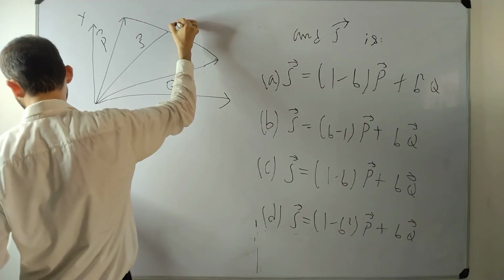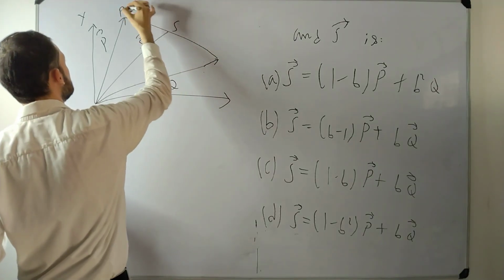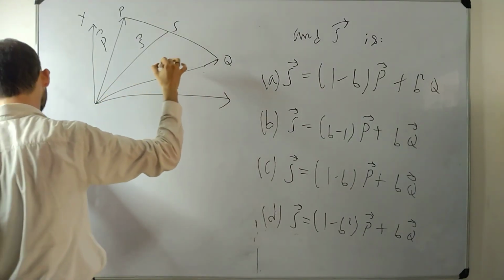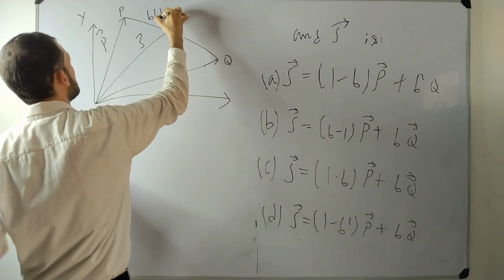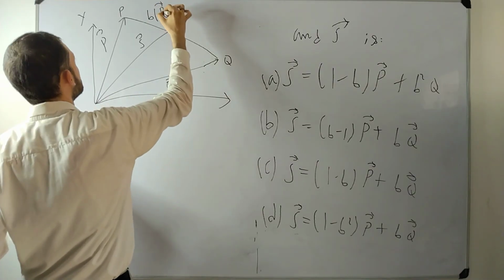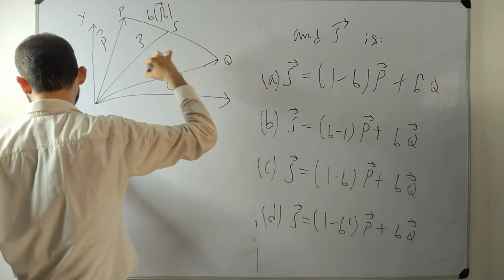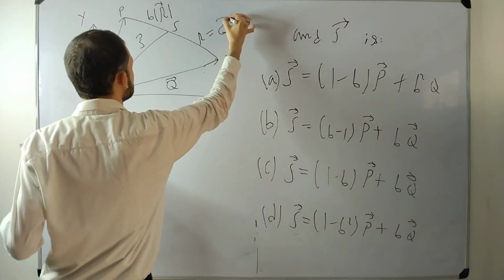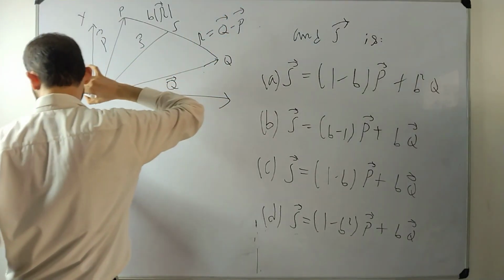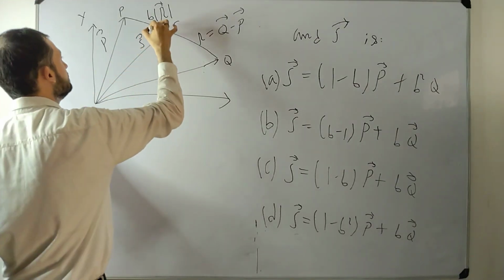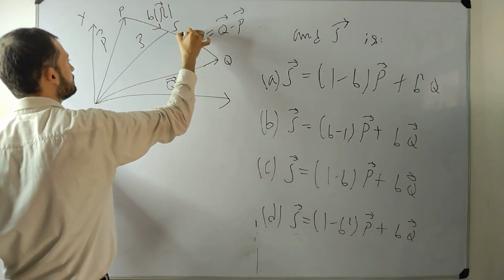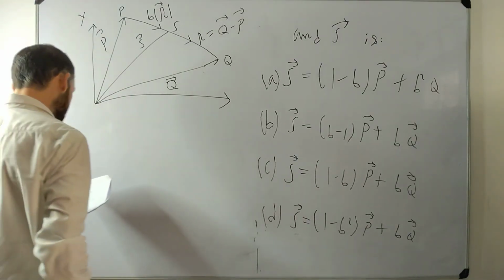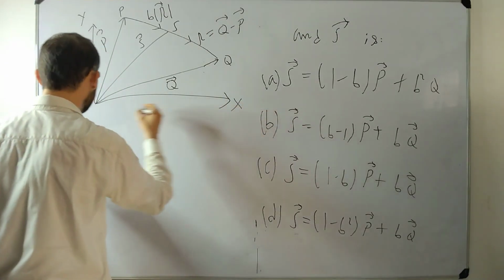This is S point. This is P point. This is Q point of these vectors. This is BR value. And this is R, Q minus P. Right, students? And vectors are moving in this direction and stopping at Q. This is X, this is O.